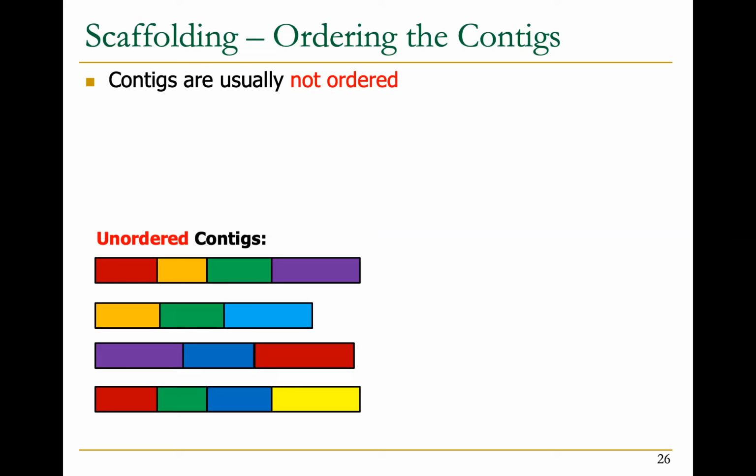Another step to further improve the contiguity of the assembly is referred to as scaffolding, which is ordering the contigs. Once we generate the contigs, these are usually not ordered. These are basically larger pieces, longer than the reads, but still probably shorter than the chromosome or the genome itself. We don't know the order between them.